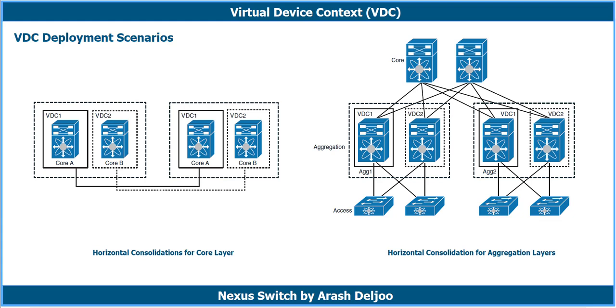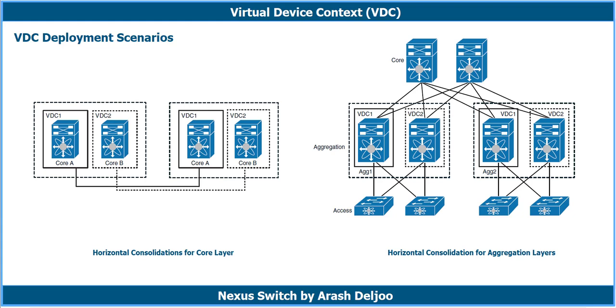This can happen by creating two VDCs, as you can see in the left figure. VDC1 will accommodate core A and VDC2 will accommodate core B. You can allocate ports or line cards to the VDCs, and after the migration you can reallocate the old core ports to the new core. Aggregation layers can also be consolidated.